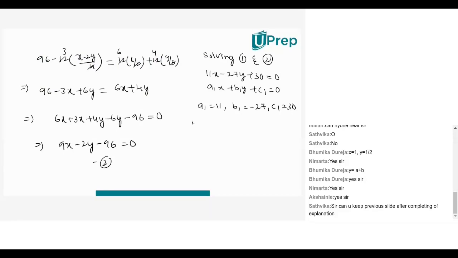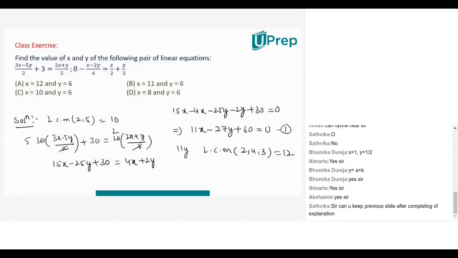Now similarly, if you compare 9x minus 2y minus 96 equal to 0 with a2x plus b2y plus c2 equal to 0, what do you get? a2 is 9, b2 is minus 2, c2 is minus 96. Now apply and get the answer.